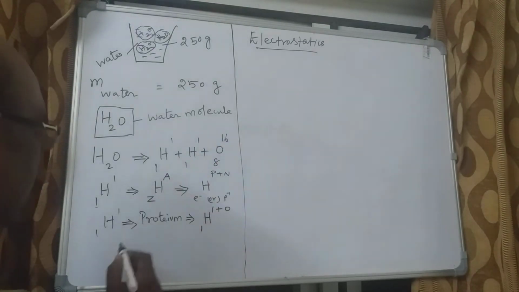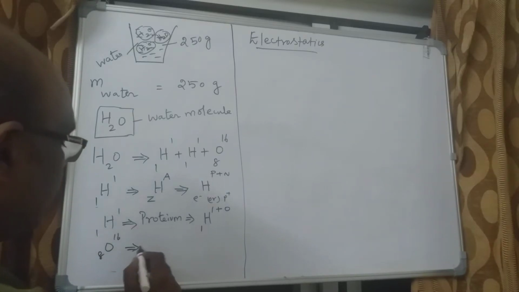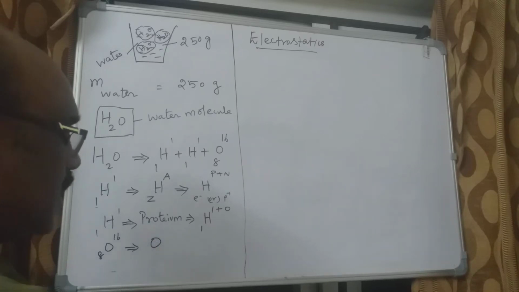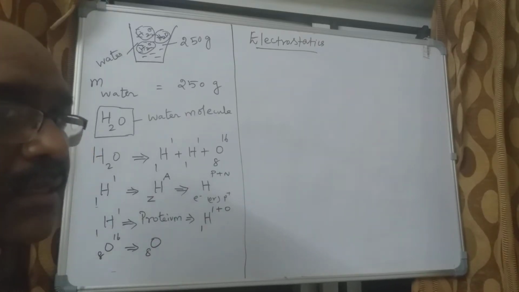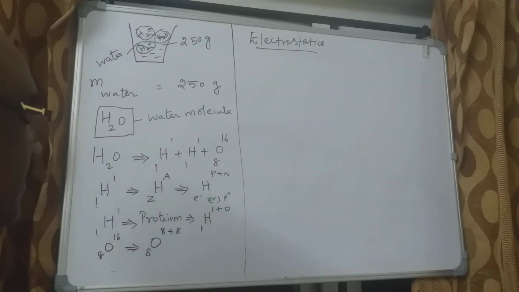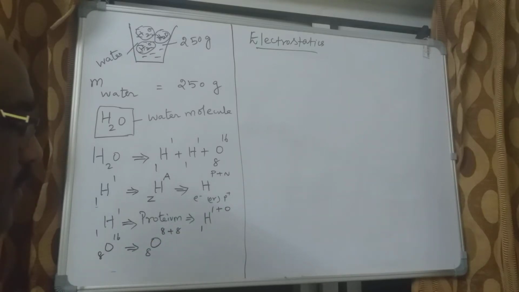The same way, if we take the oxygen atom, it is 16 and 8. Which means in this oxygen atom 8 electrons are present. So, 8 protons plus 8 neutrons will give you a total atomic weight of 16.